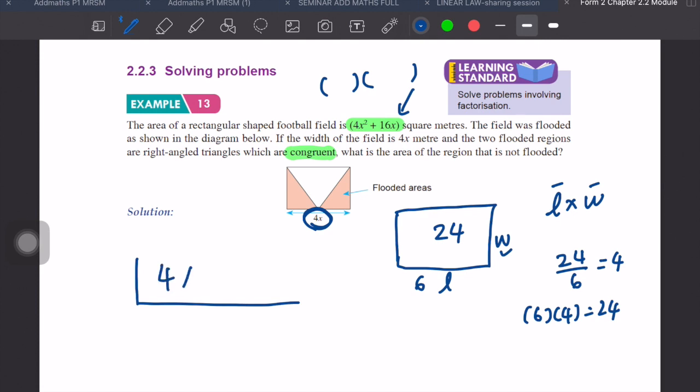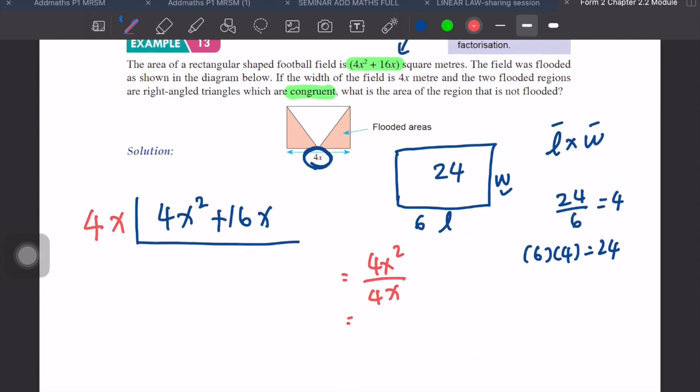Okay, so kita ada 4x square plus 16x. Di luar ni kita ada 4x kan? So kita dividekan with 4x. So 4x square divide by 4x. Nak mudah saya pecahkan, 4x square is 4xx, divide by 4x, potong, tinggal x.